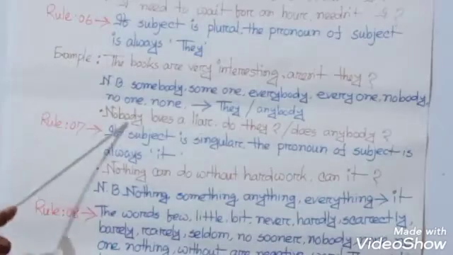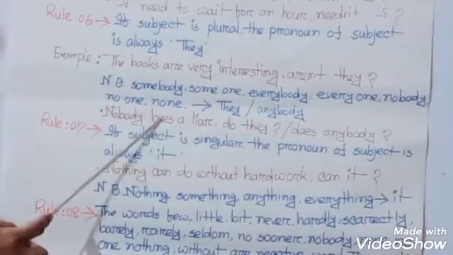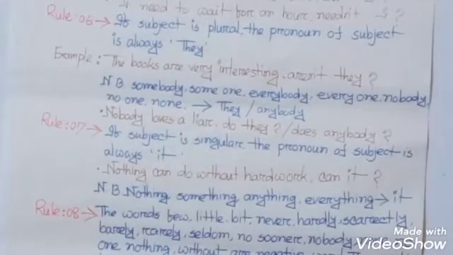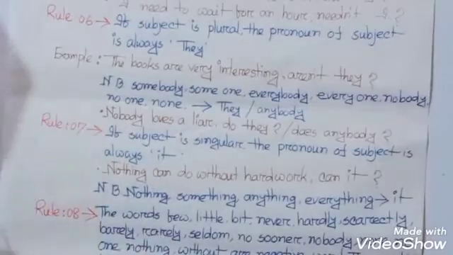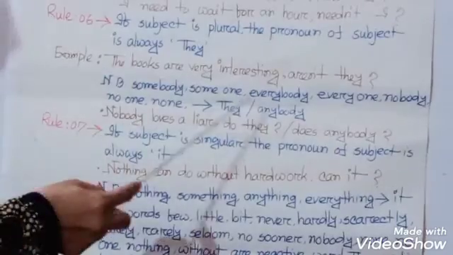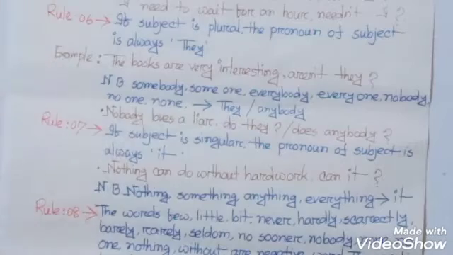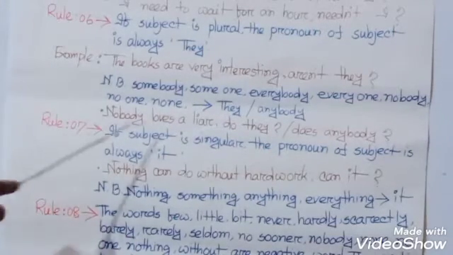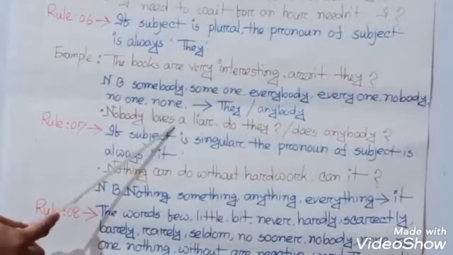For an example, nobody loves a liar. So, nobody. If any sentence has nobody, we should use they. Here the sentence is in present tense, and with the verb we find s.